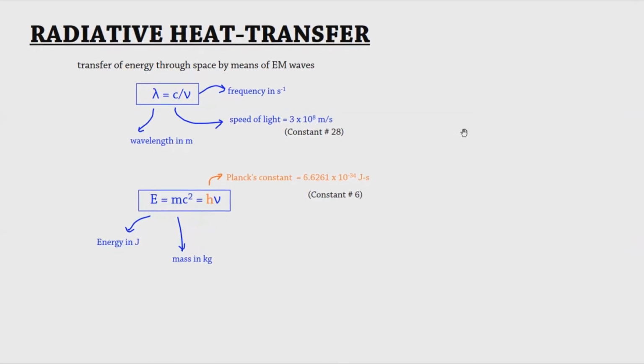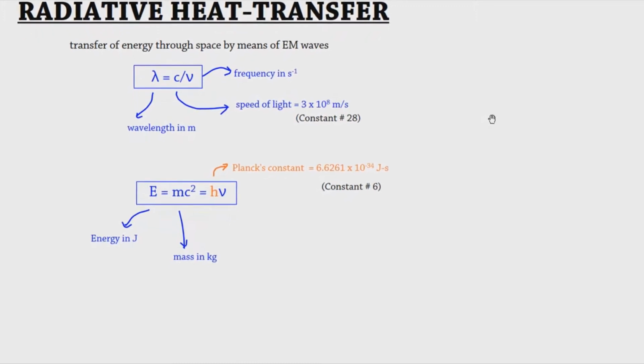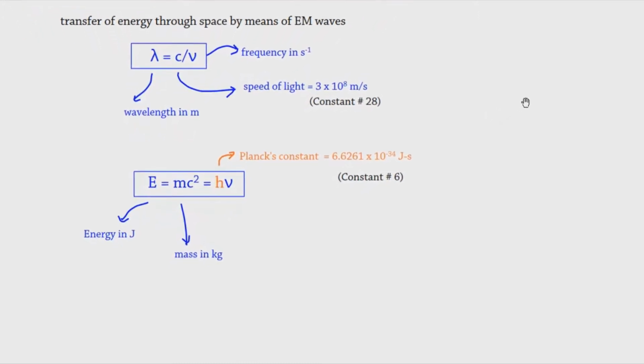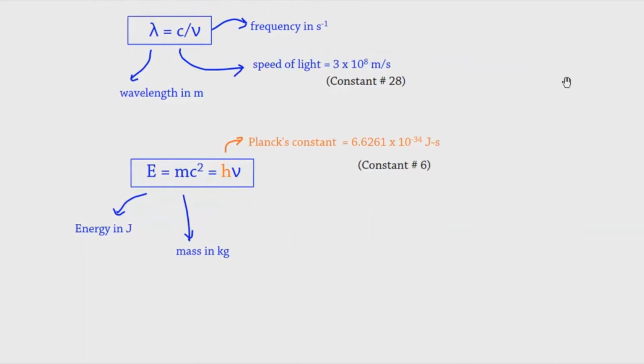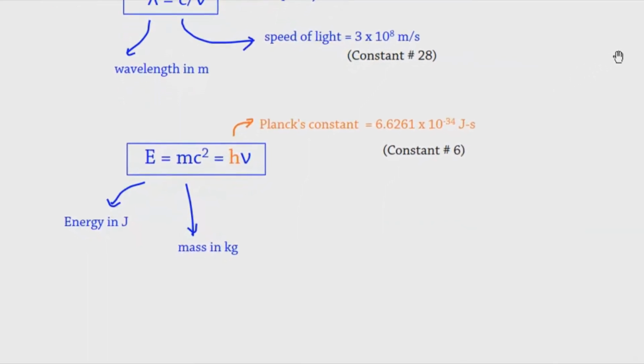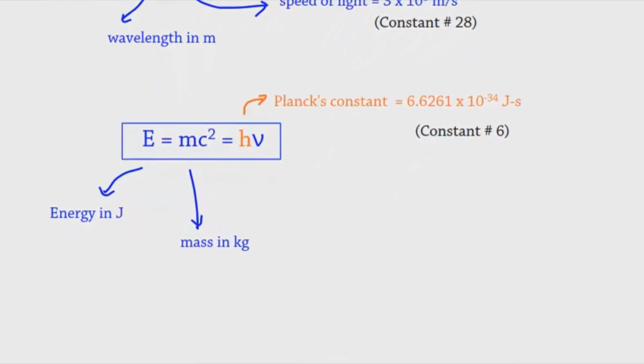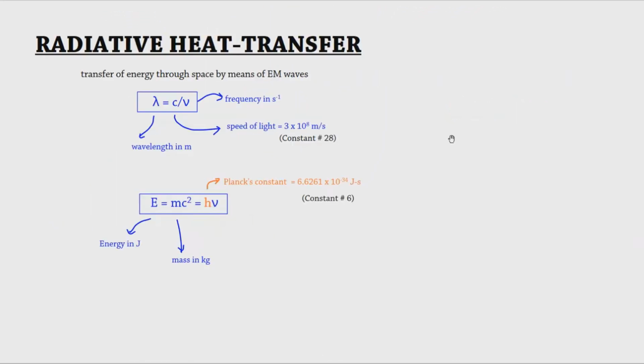Now we also have this equation that you're already quite familiar with, the famous Einstein's equation, E equals mc squared, or that is also equal to Planck's constant times the frequency. So Planck's constant, which is 6.6261 times 10 to the negative 34 joule-second, is constant number 6 in your calculator. And these two equations give us an idea that light is a wave and a particle.